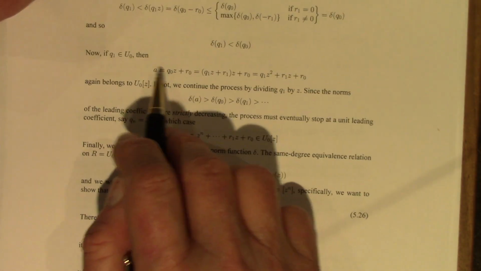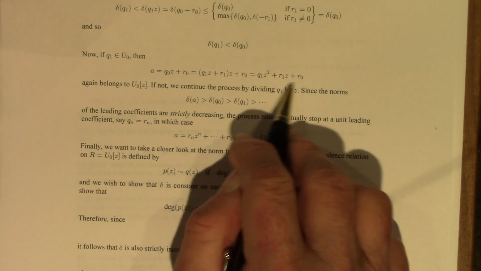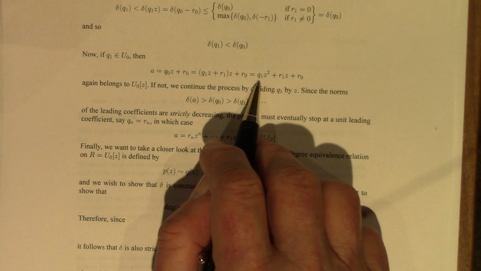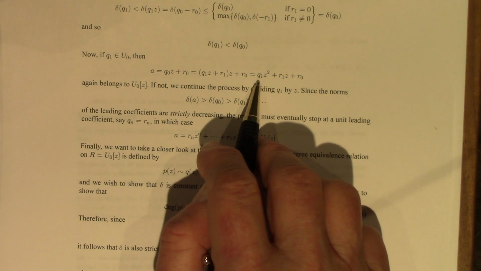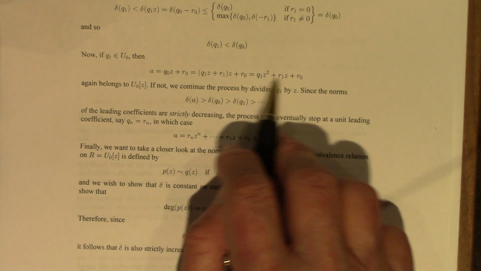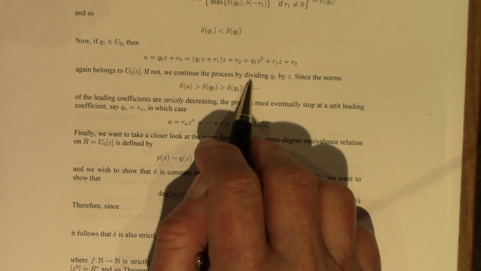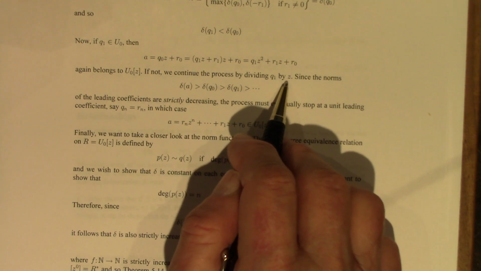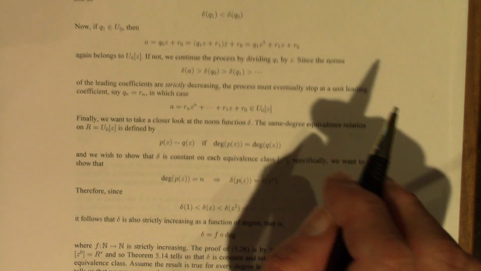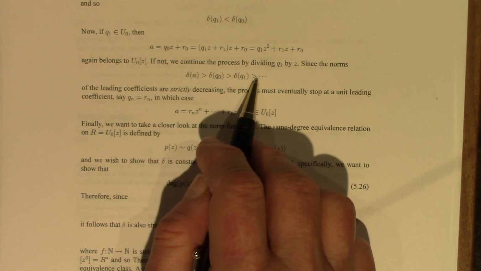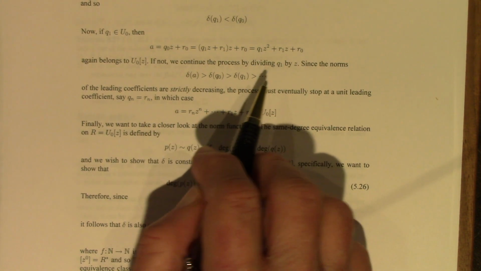So we get this, we get A as a quadratic polynomial. Again, if Q1 belongs to U0, we are done. A is a quadratic polynomial in Z over U0. If not, we do it again. We divide Q1 by Z. Now, the reason we're tracking the norms is because we want to make sure this can't go on forever.